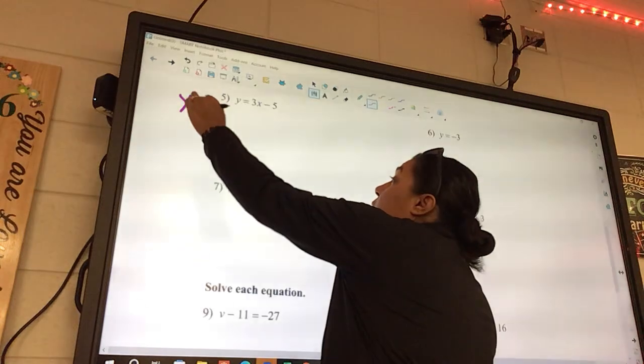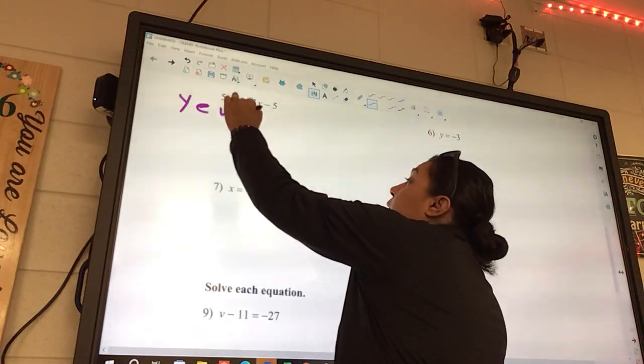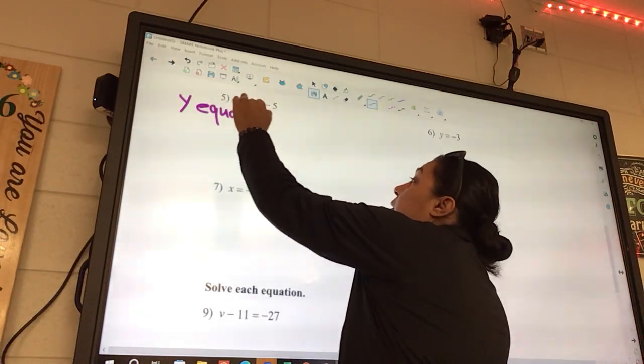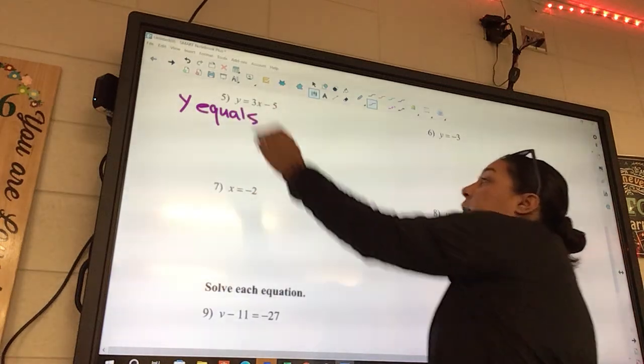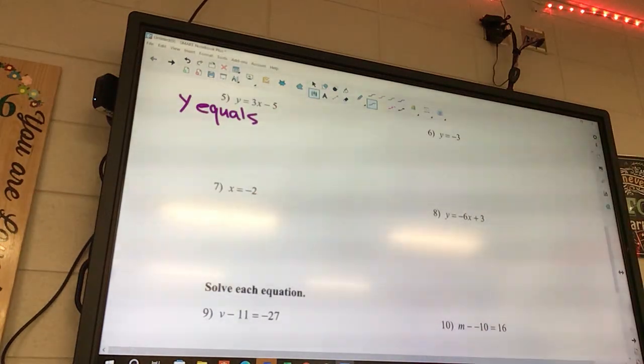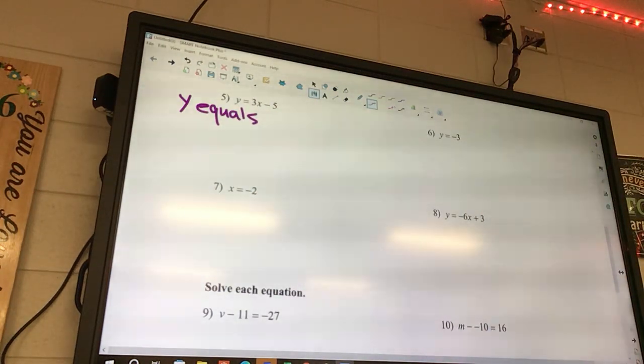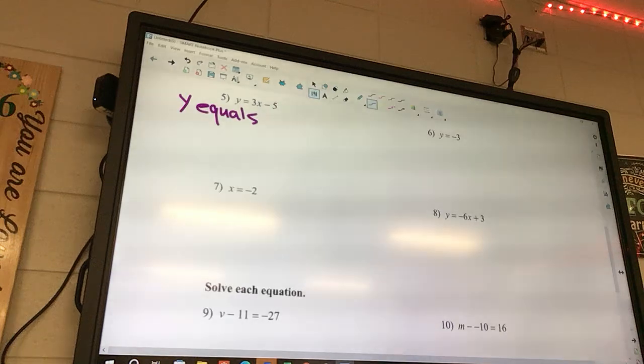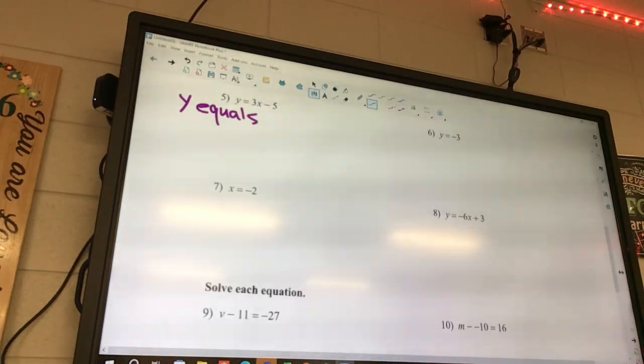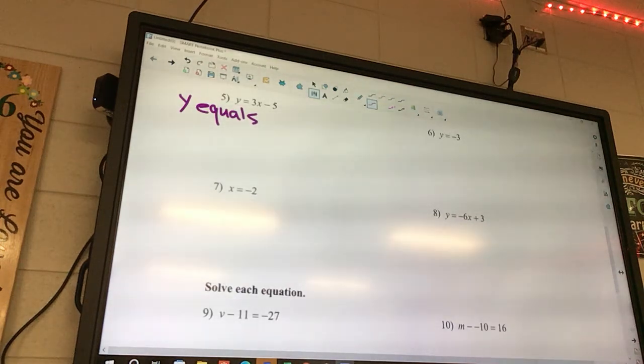So y equals, well, you guys are gonna have to write it, but 3, and then how do we write that part? 3x. Okay, but we have to say the word. What is it? It's not 3x, what is it? Times. 3 times x. Y equals 3 times x minus 5. Okay, so you guys write that out.